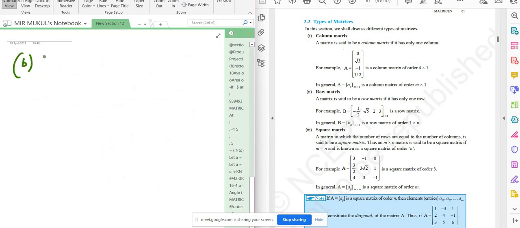Now, row matrix. So what is a row matrix?